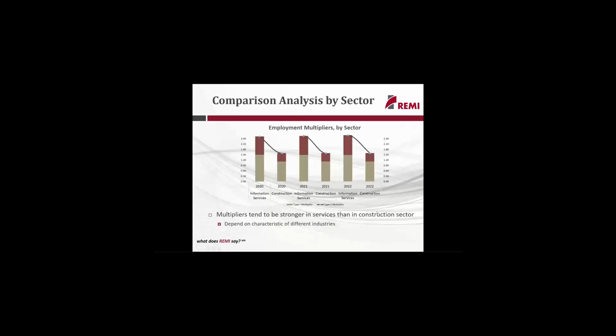The result shows that employment multipliers tend to be stronger in services than in construction, because the services industry tends to have wider impacts on the entire job market. The construction industry, however, may have relatively low indirect job creation. And information service companies tend to offer more competitive pay that employees can use to consume more in other businesses.